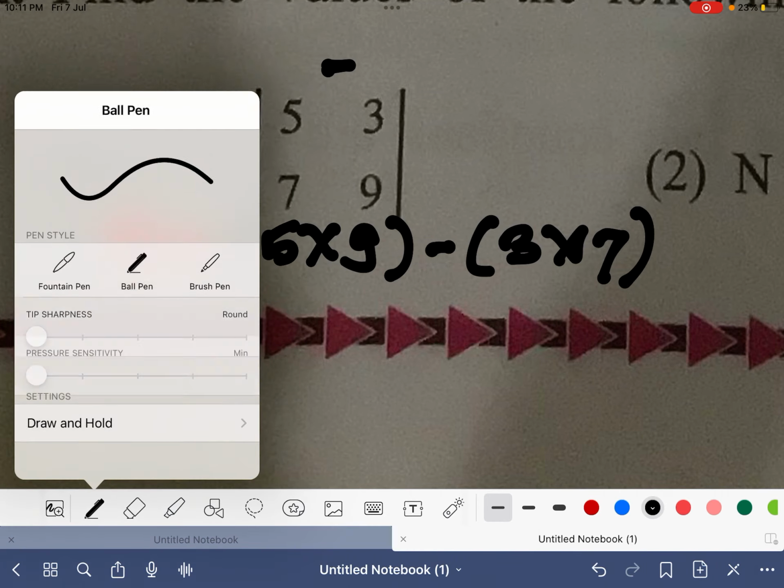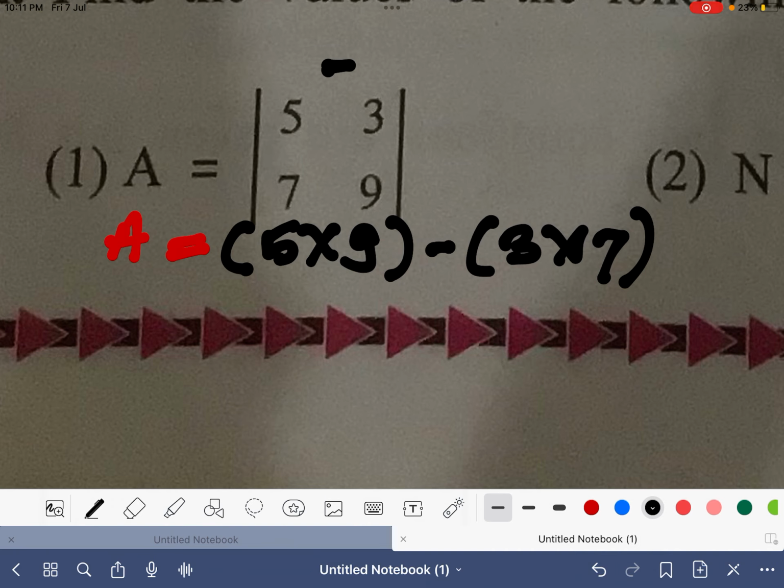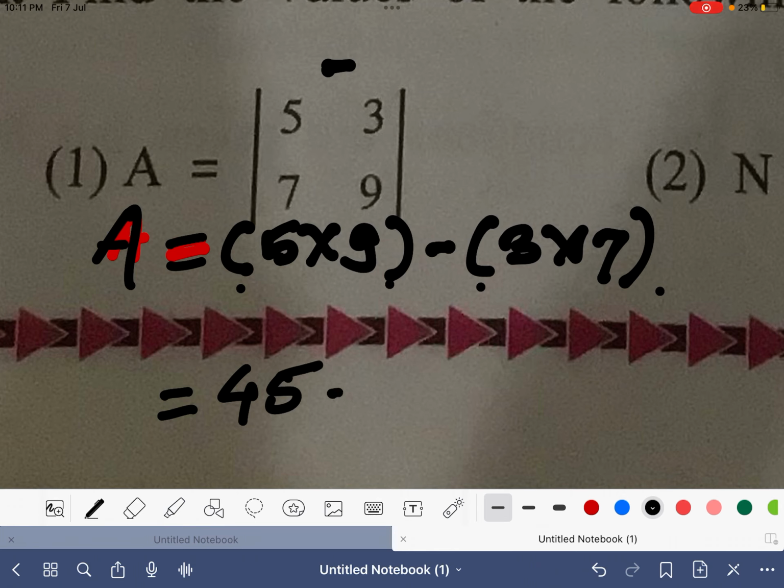Next, A is equal to 5 into 9 minus 3 into 7. Always put brackets in both cases to avoid confusion. Now 5 nines are 45, minus 7 threes are 21. So subtract this, and you will get the answer.